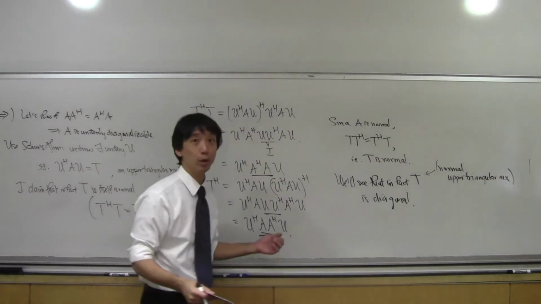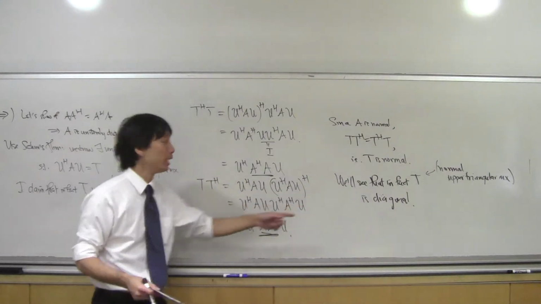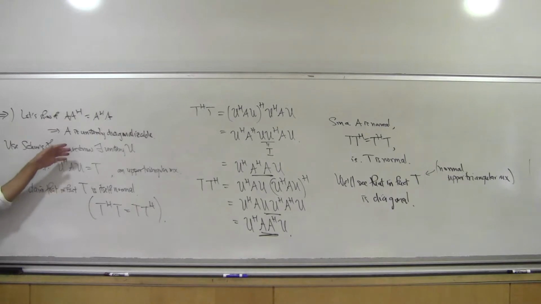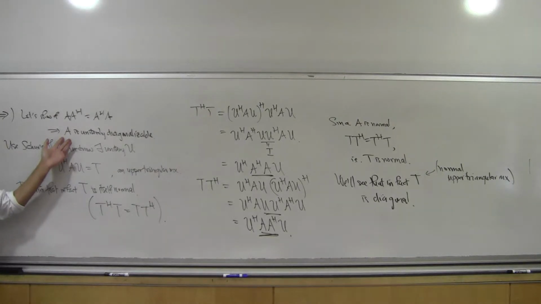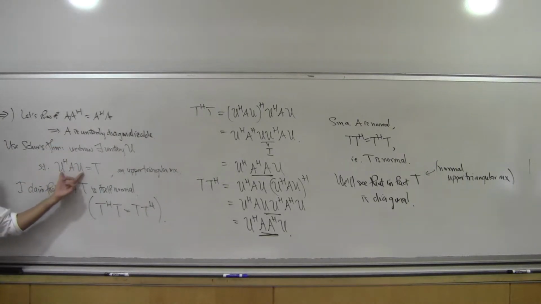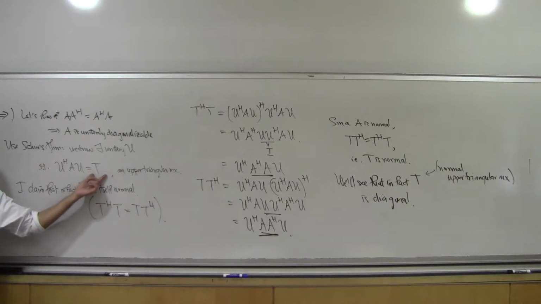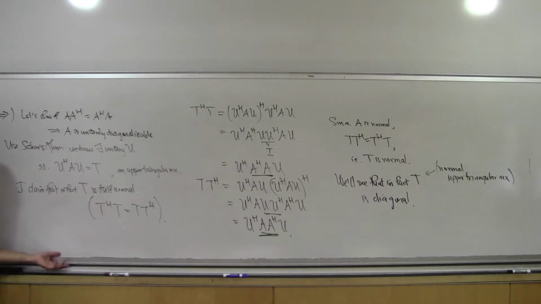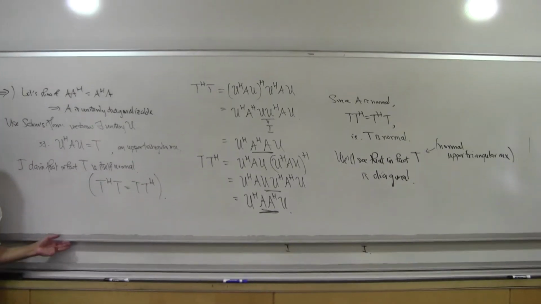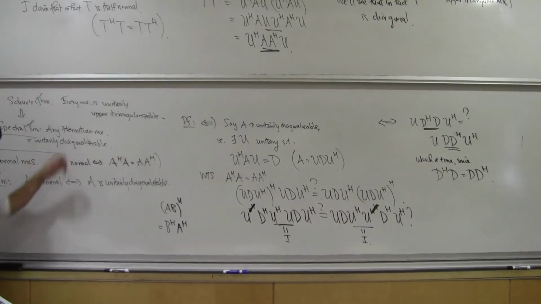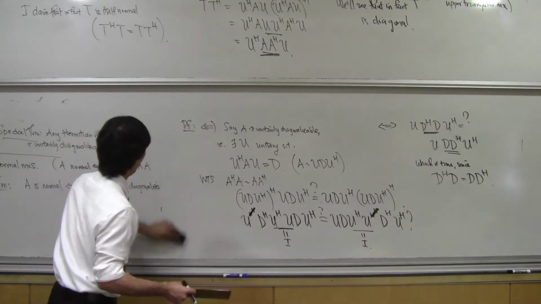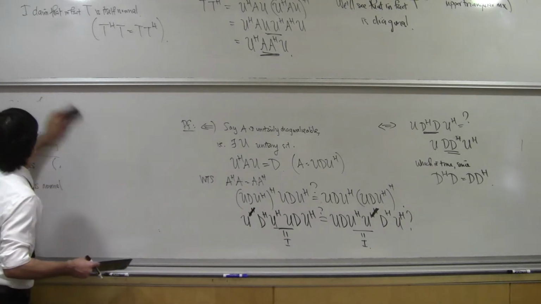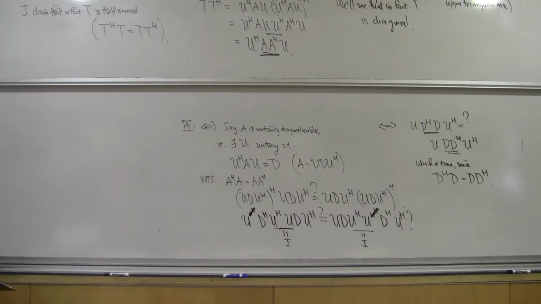We'll see that any normal upper triangular matrix is diagonal, and that will be the end. We were trying to show that A was unitarily diagonalizable, but what we'll see is that it's unitarily triangularizable, but the triangle is actually diagonal, so it's unitarily diagonalizable. Are you guys following? I feel like I've used too many words. So we just need to show that if you are a normal triangular matrix, then you are diagonal.